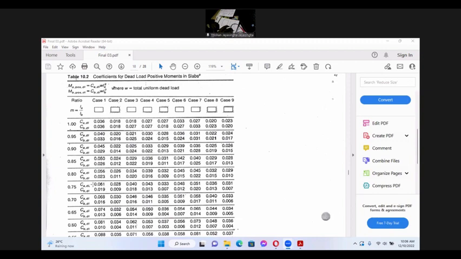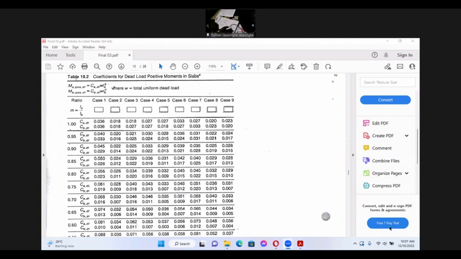The coefficients are 0.0585 this way, and this way 0.0215.